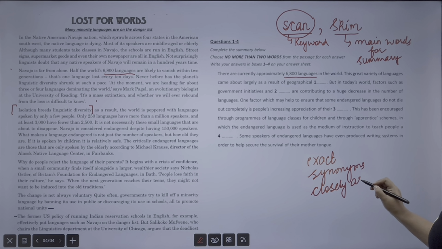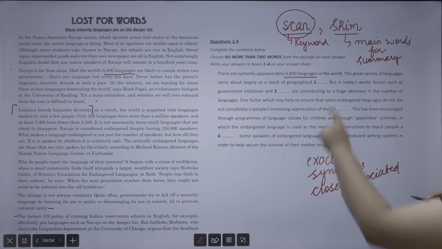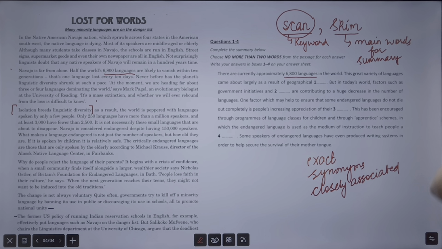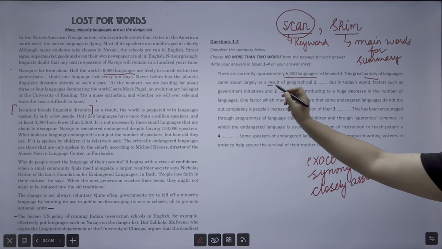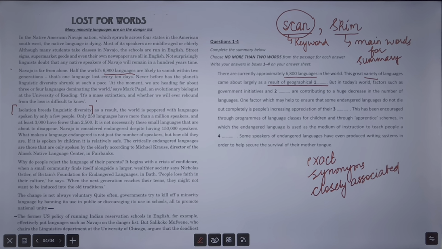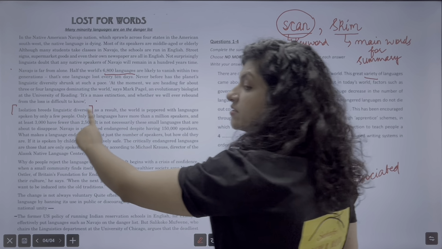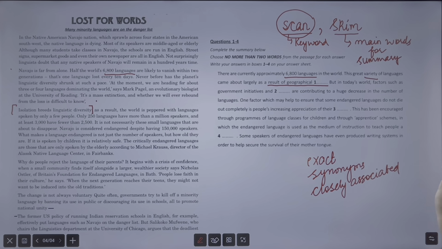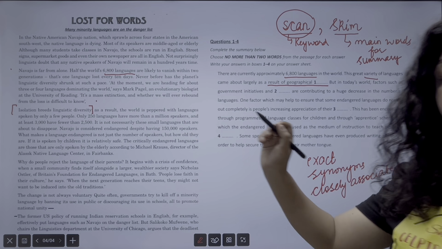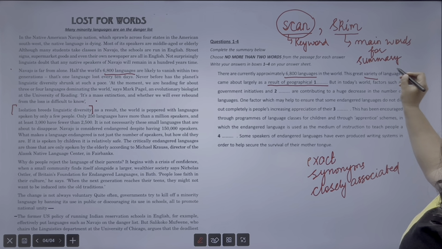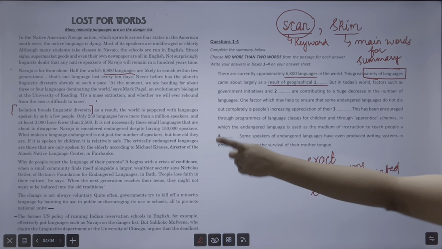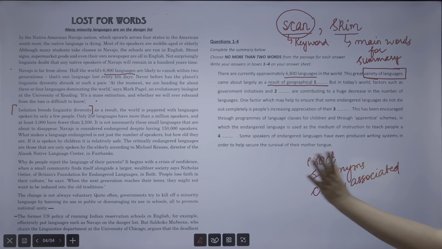That means those words that can give the same meaning as the words in the question, right? So, variety is a result of something. Isolation breeds linguistic diversity. Are we talking about linguistic diversity? Yes. Variety of languages is nothing but linguistic diversity. It's paraphrasing, right? We have synonyms.